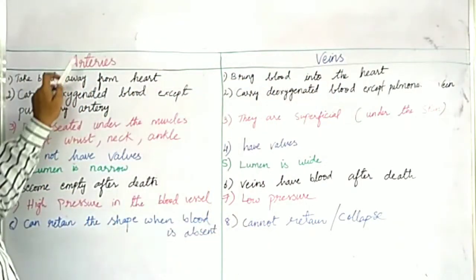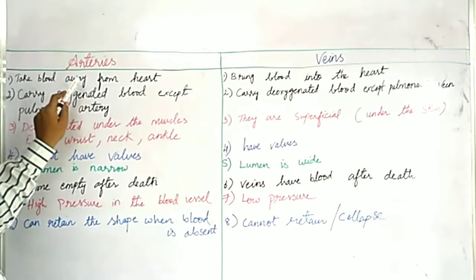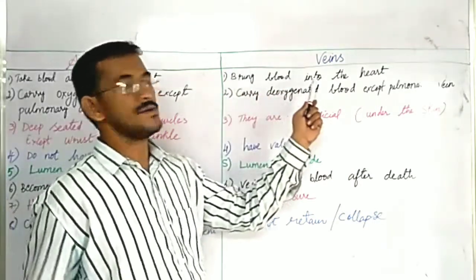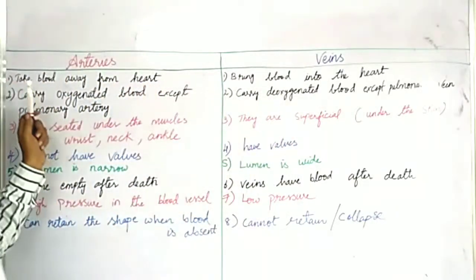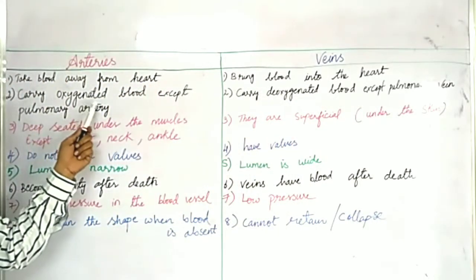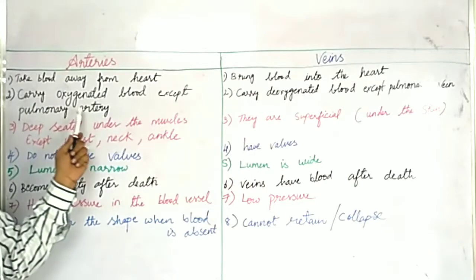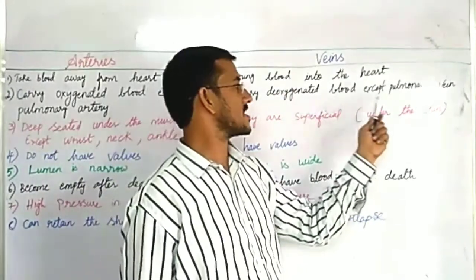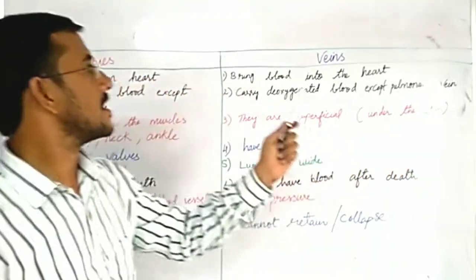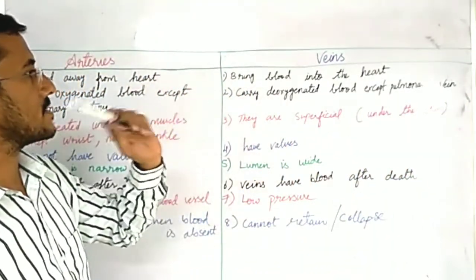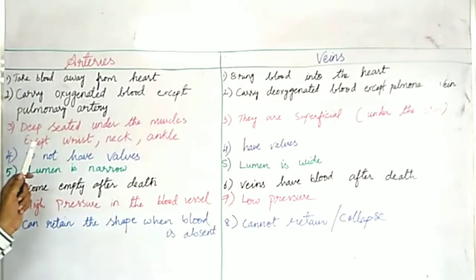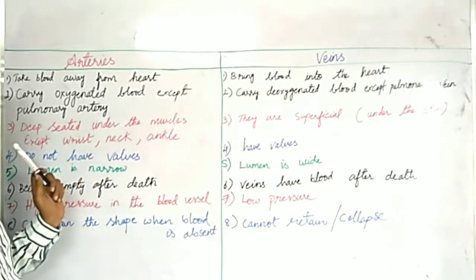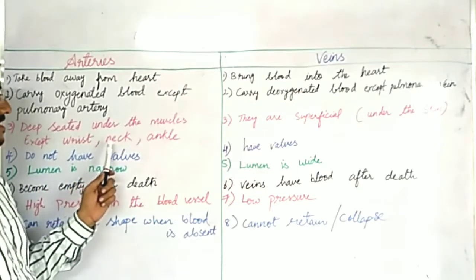Differences between arteries and veins. Arteries take blood away from the heart. Veins bring blood to the heart. Arteries carry oxygenated blood except the pulmonary artery. Veins carry deoxygenated blood except the pulmonary vein. Arteries are deep seated, under the muscle except at the wrist, neck and ankle.